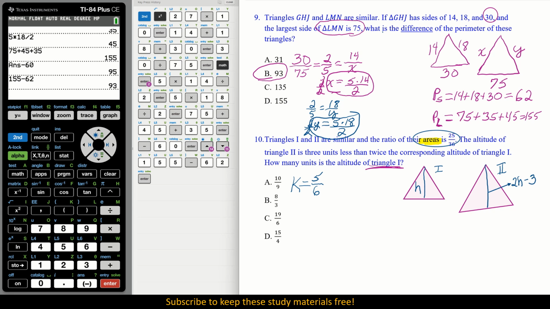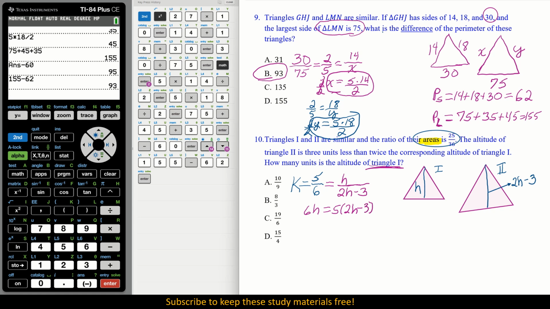Okay, let's move on. So what do we need to do? We take 5 over 6 equal to our smaller value, H, over our larger value, 2H minus the 3. Let's just solve algebraically. 6H equals 5 times 2H minus 3.